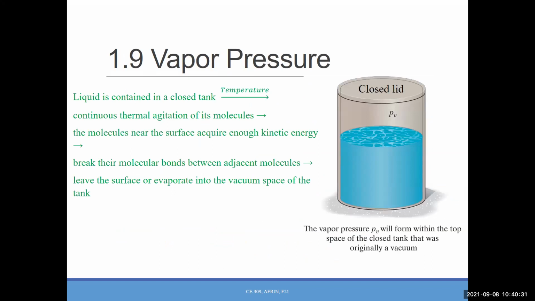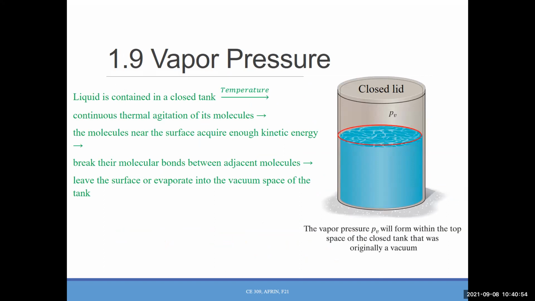As you already told me, we can get vapor by applying some heat. And heat is one kind of energy, right? So suppose this is a tank with a closed lid here, and if you apply some heat energy or increase temperature, what will happen?